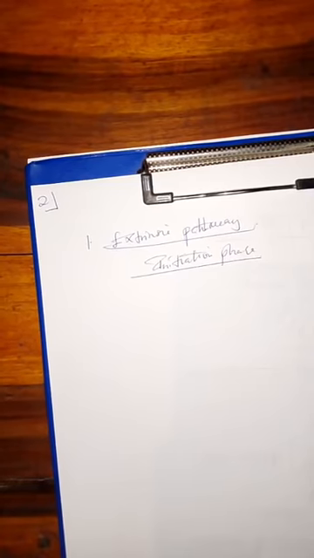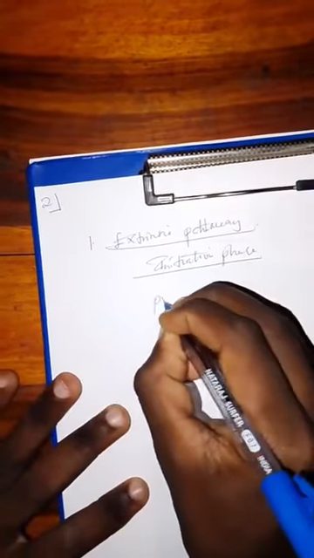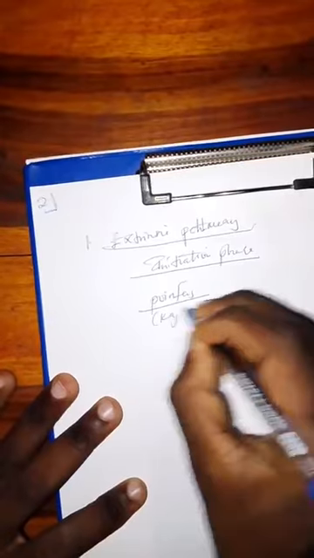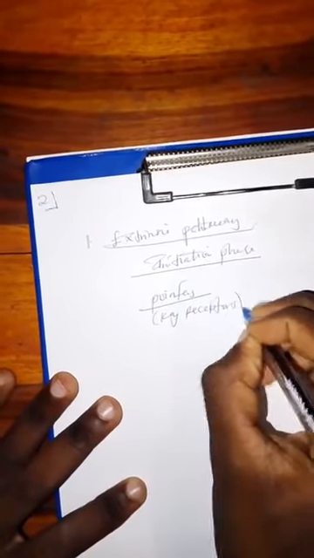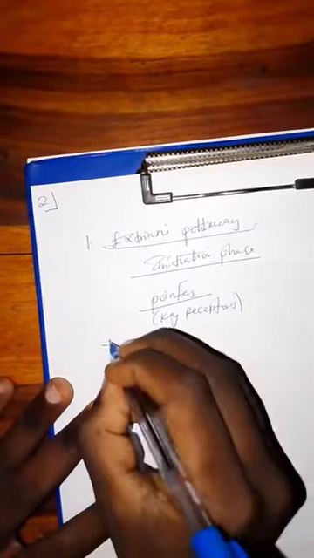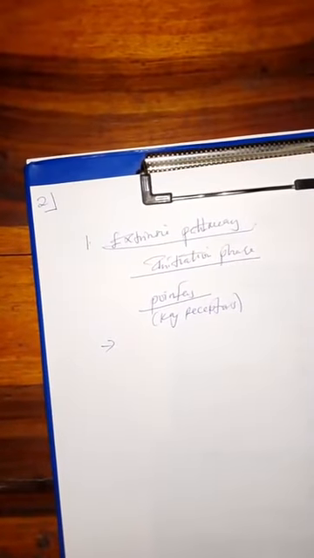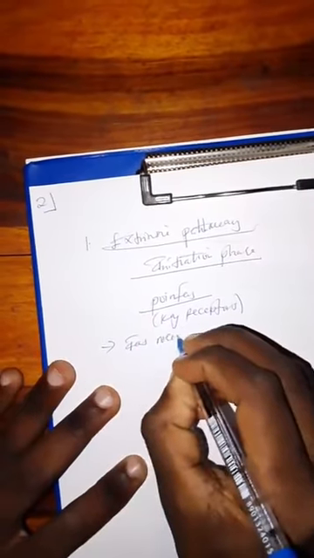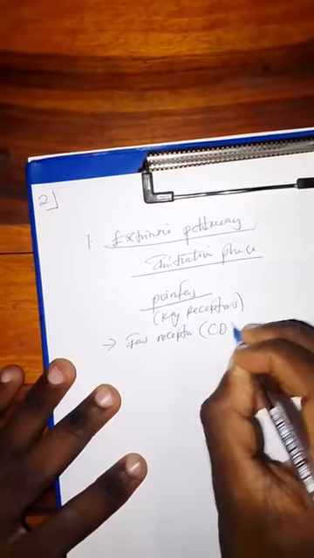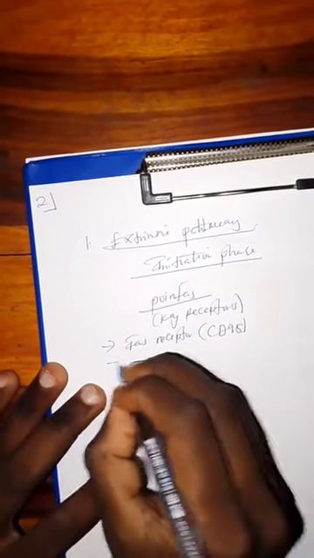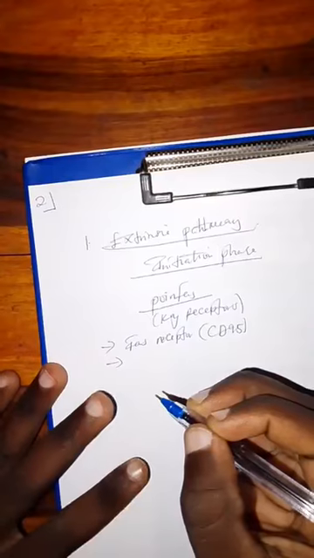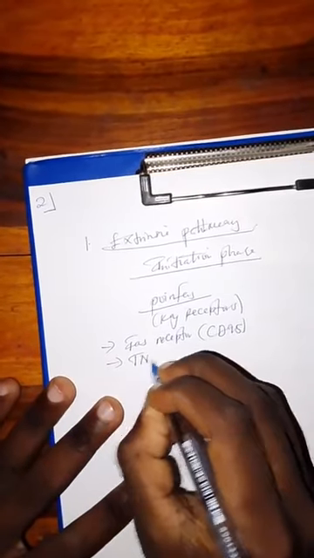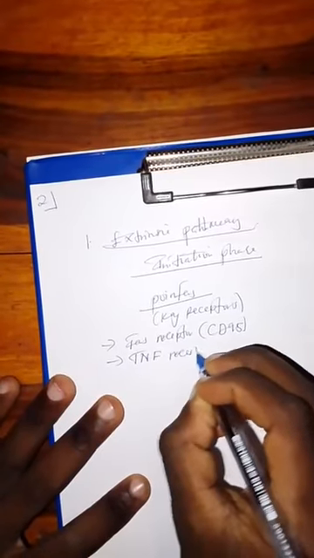So the key receptors that you need to know about for the extrinsic pathway. One, we have the Fas receptor, which is also called CD95. Another receptor is the tumor necrosis factor receptor 1, abbreviated as TNF receptor 1.